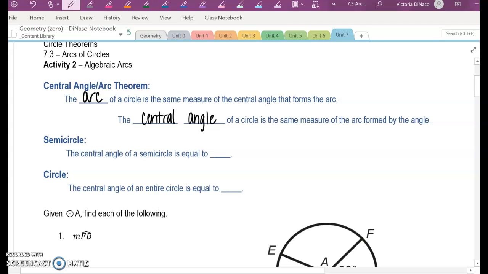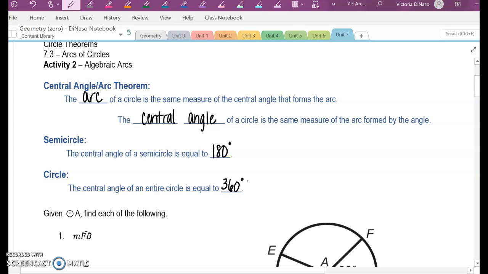So here's what you have to know. Your arc always equals the central angle, and the central angle always equals the arc every single time. Those are completely equal. The next one, we have a semicircle. The central angle of a semicircle is always equal to 180 degrees. And then the central angle of an entire circle is always equal to 360 degrees.